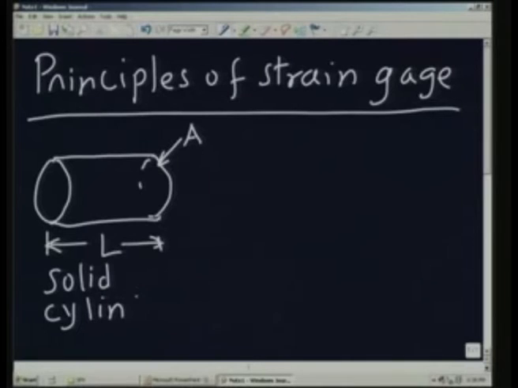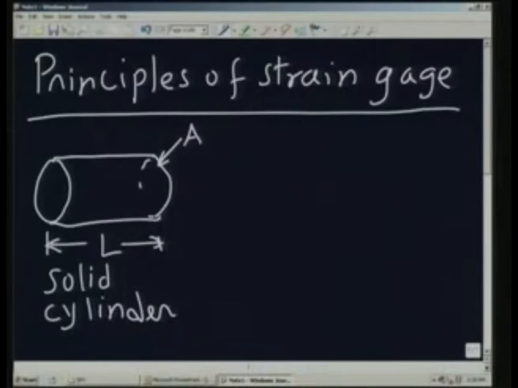Now, let us assume that it is subject to some changes or some strain because of forces acting on it. So, suppose I stretch the cylinder, I elongate the cylinder by applying a tensile force. So, the length is going to become, in other words, L plus dL.